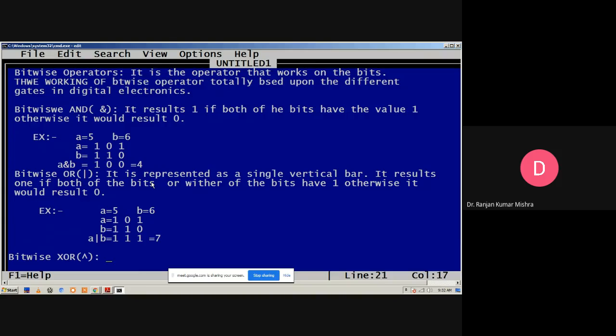But when we discuss the binary operator, it requires minimum two operands to perform its task. So bitwise exclusive OR is a binary operator, but bitwise NOT is a unary operator.